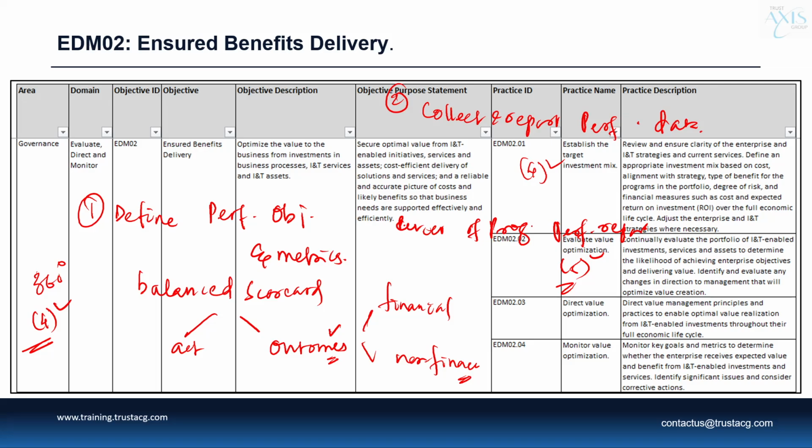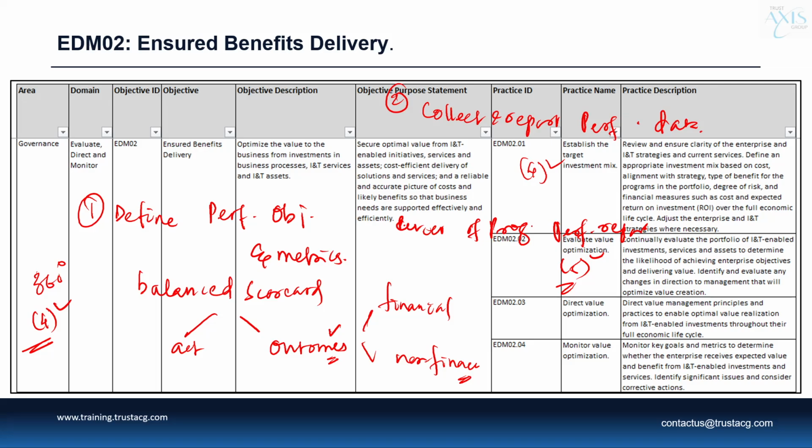You need to continuously review and adjust the action to sustain the value creation from IT enabled initiatives so that it ensures long term benefit realization and the health of your IT portfolios. And again, this will help you achieve at least a maturity level of 5.